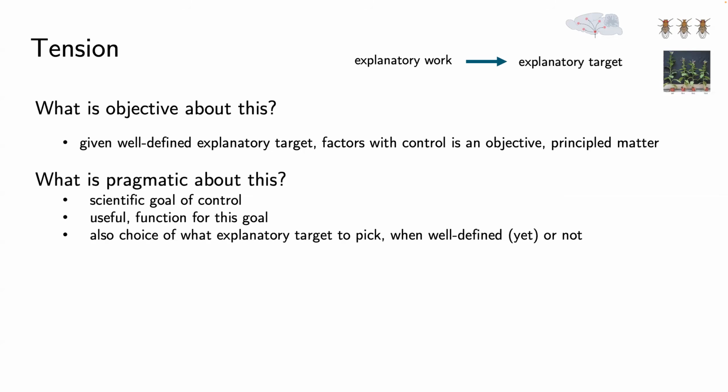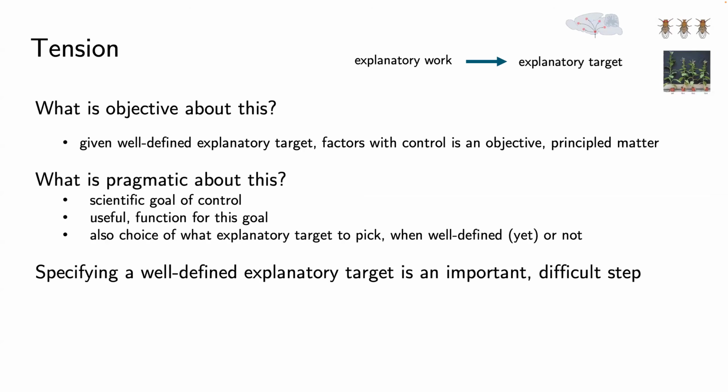I also think that what is less appreciated with respect to those targets is that while there are some considerations that are pragmatic, they just might be more interested in explaining certain types of outcomes versus others, there are some criteria that explanatory targets need to meet to be well defined. There are better and worse ways to specify explanatory targets.